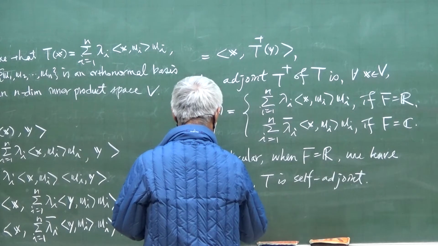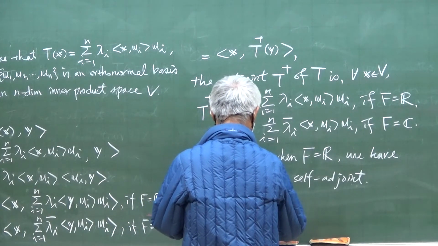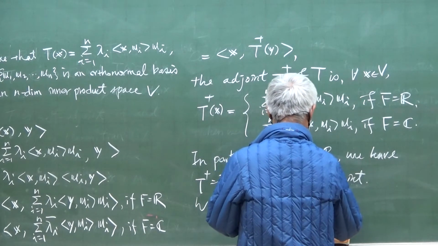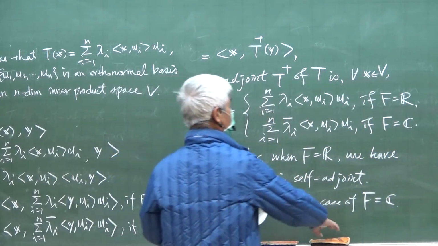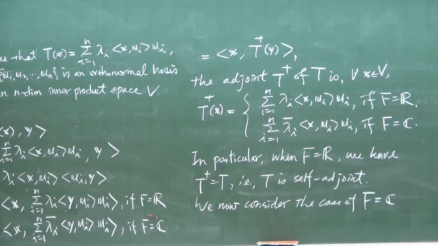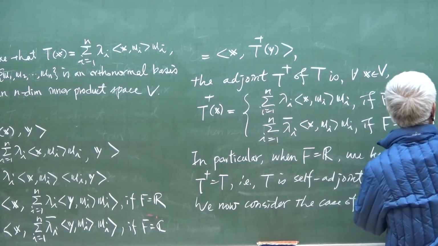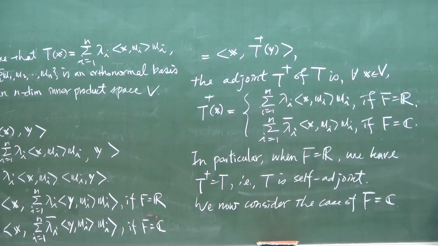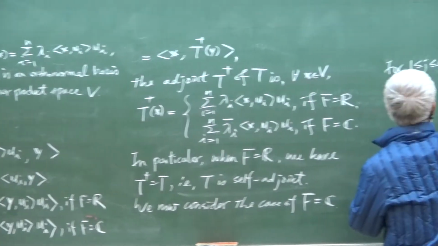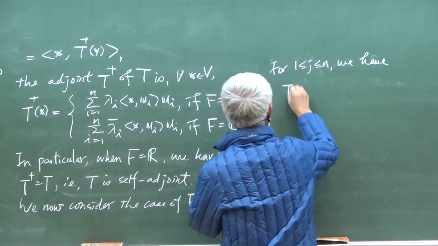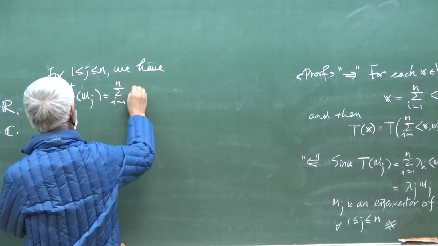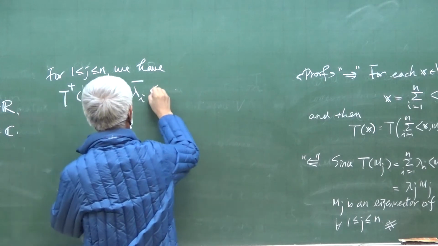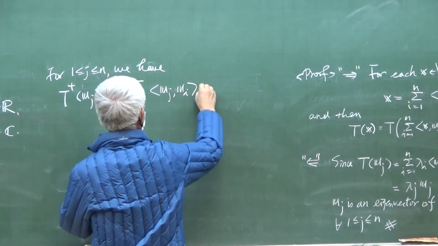We now consider the case of F equal to the set of all complex numbers. Now, for j from 1 to n, we have T dagger u_j equal to the summation of lambda_i bar <u_j, u_i> u_i.